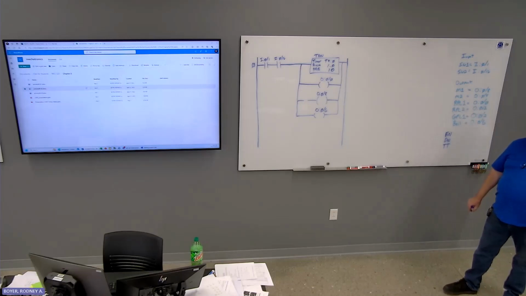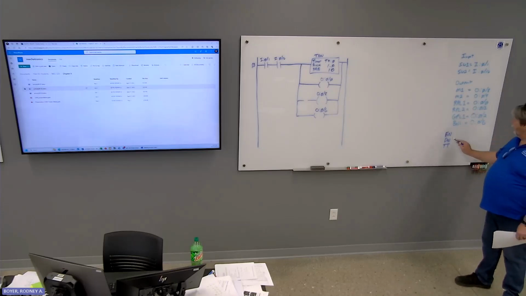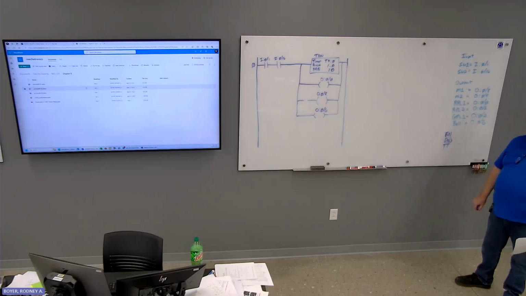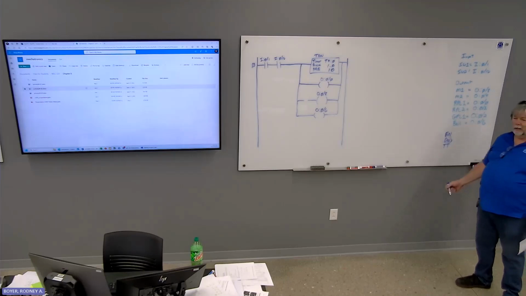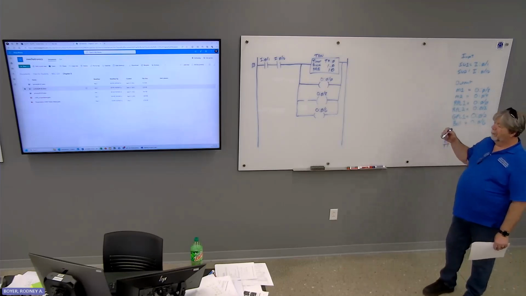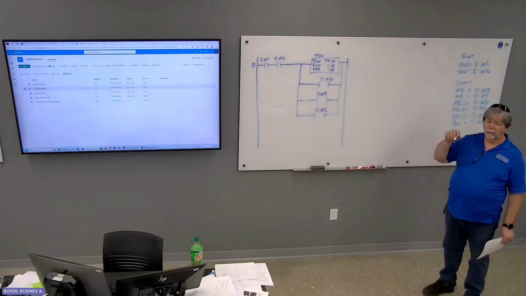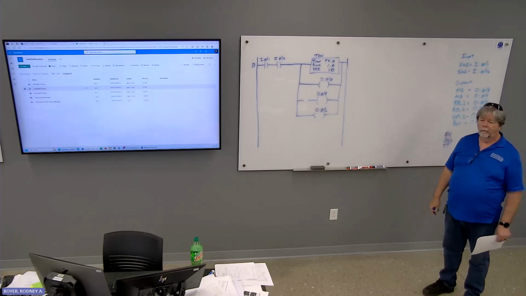EN, DN, and TT are my options. And it's done. Okay, done is definitely the one I want to use in this situation. So what is done going to do? It's going to turn on or turn off when my timer has expired.